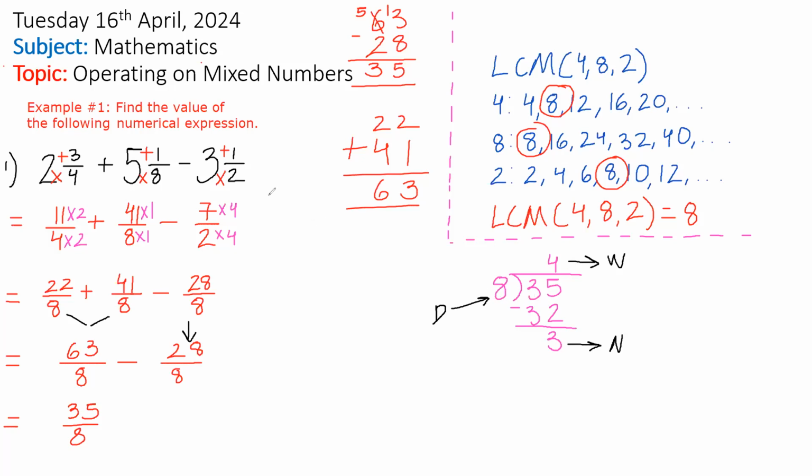And the 8 is the denominator that goes at the bottom. And so it's going to be equal to 4 and 3 over 8. And now we're finished, right? Or we could simplify some more.